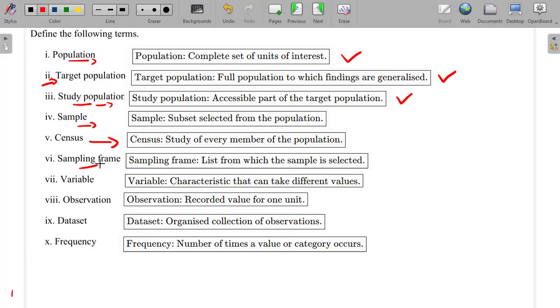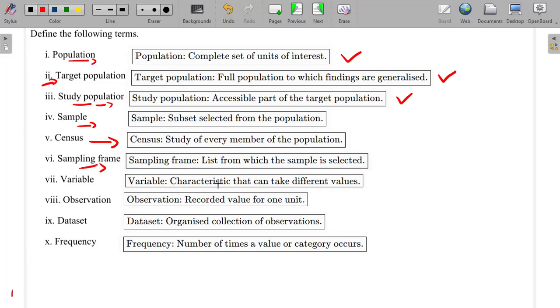And then what is a sampling frame? So a sampling frame is a list, or you can call it an operational representation of population members from which a sample is going to be selected. That's what a sampling frame is. So I'll give an example.